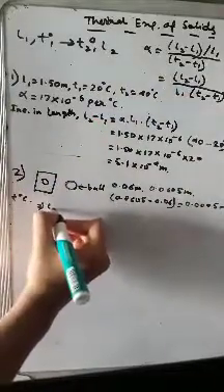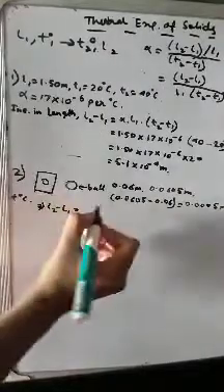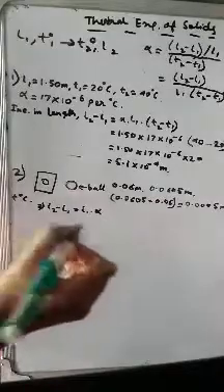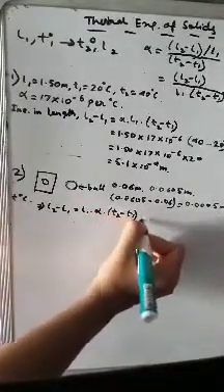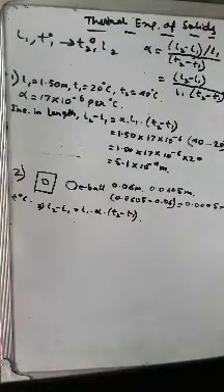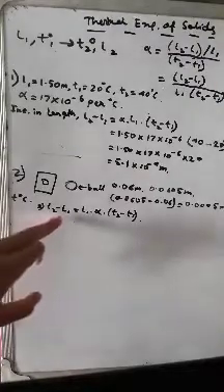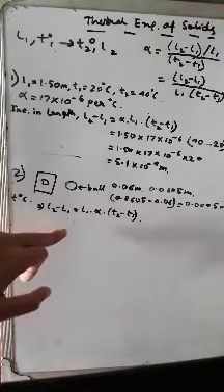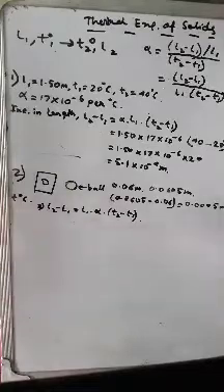That is L2 minus L1 equals L1 into alpha into T2 minus T1. So the increase of diameter means your L2 minus L1. Dimension is also length, and the increase in length you can write as L2 minus L1.